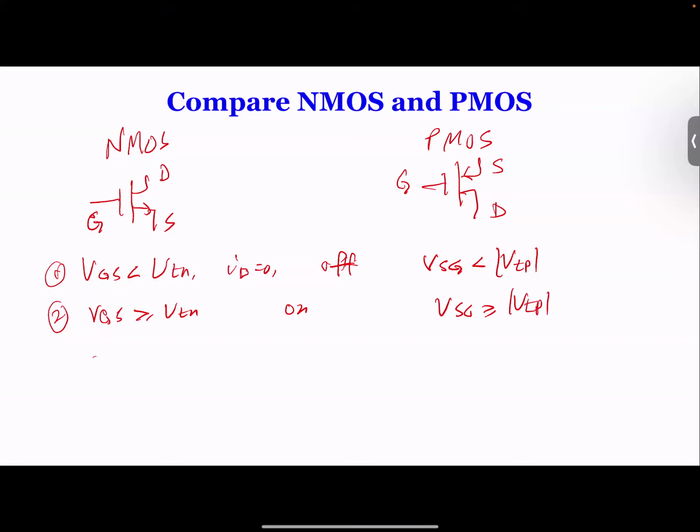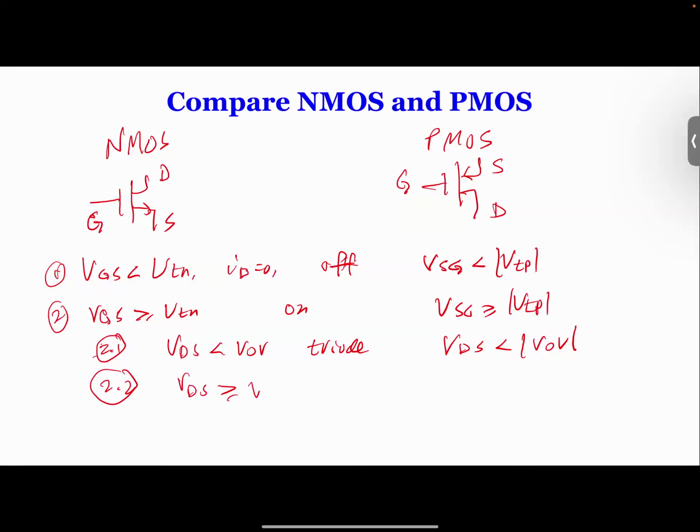And from here, we have 2.1: if VDS is less than VOV, this is in triode. And here we say if VSD is less than VOV. And then 2.2 is if VDS is larger than VOV, we have saturation region, and this is, oh, VSD, sorry.